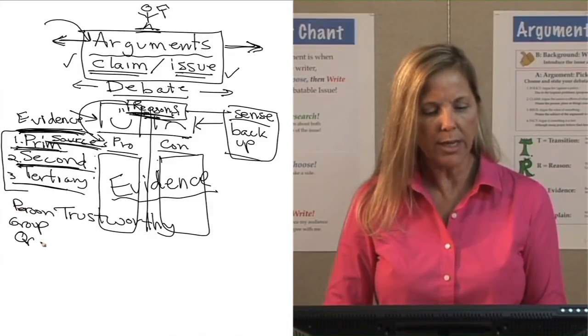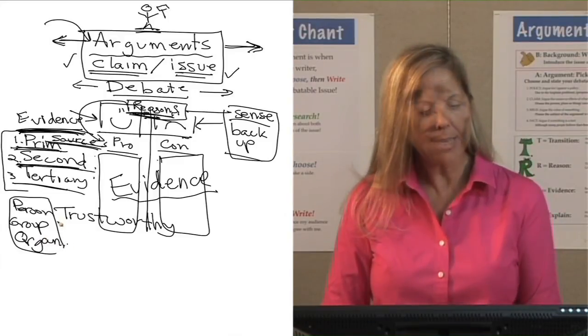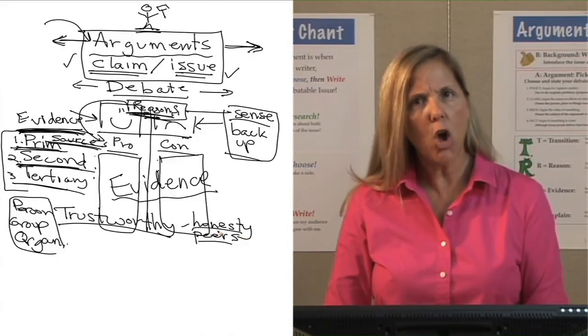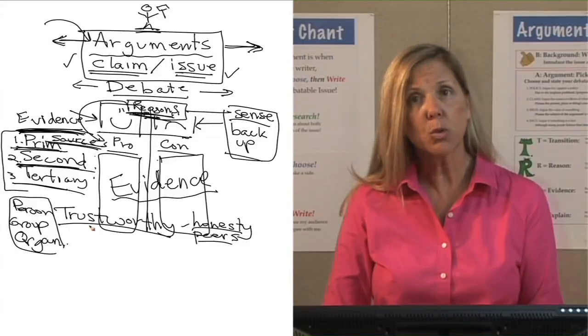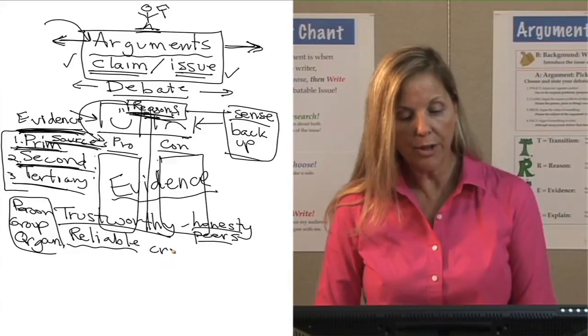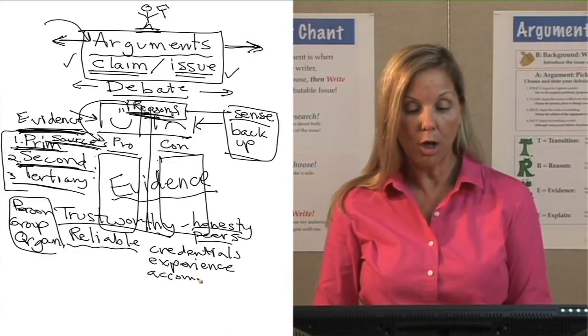Is this an organization? Once I look at where you, the lawyer, got this information, I need to ask, what is the reputation of this person, group, or organization? Do they have an honest reputation? How are they viewed by their peers? So are they trustworthy? And also, are they reliable? I'm asking, what are their credentials, their experience, as well as their accomplishments?